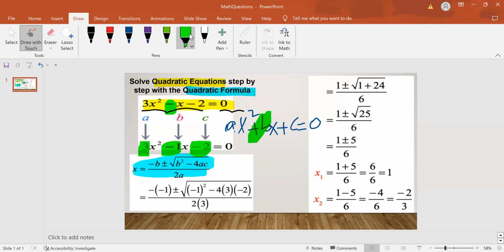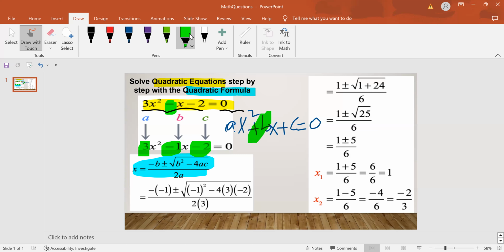C is not 2, C is negative 2. Every time you take a value, you take it with its sign. If there is no sign, it's positive. But if you see a negative sign in front, you have to take it with the value. Very important, otherwise you get the wrong answer.